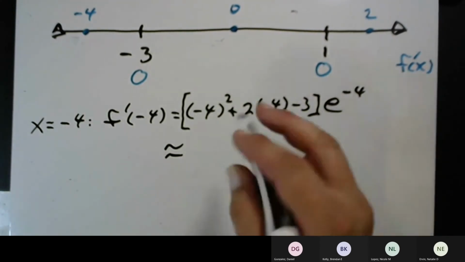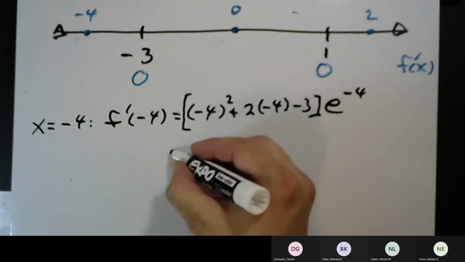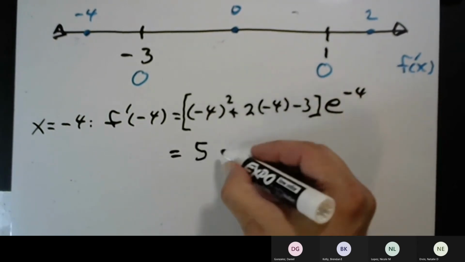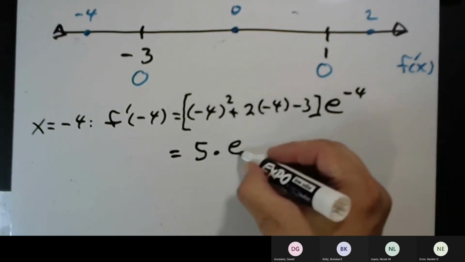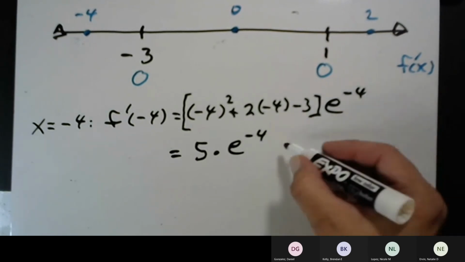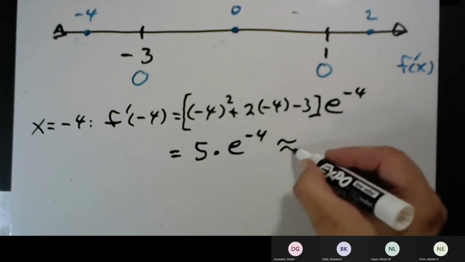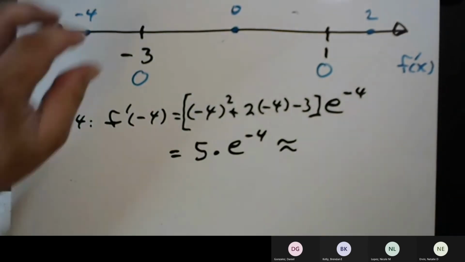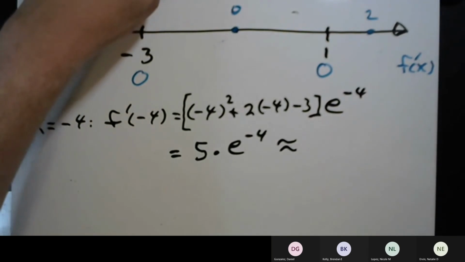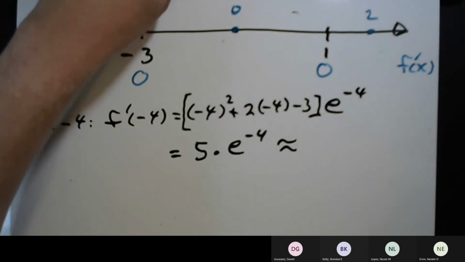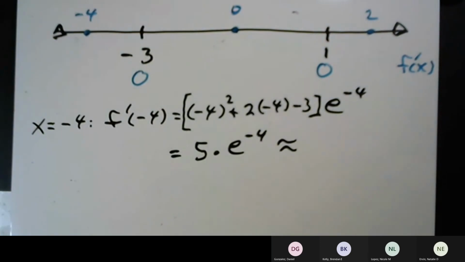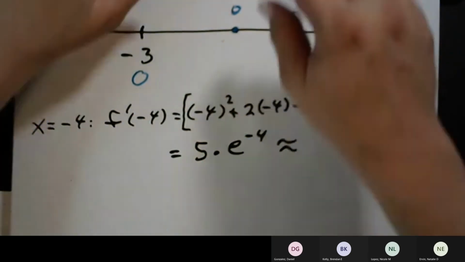It'll be 5 times e to the -4. And the moral of the story here is we don't have to actually go through with the calculation. We just need to know if the result is going to be positive or negative.